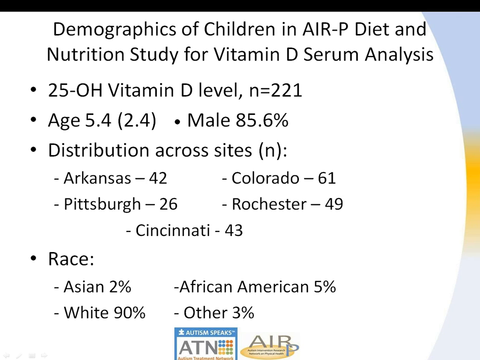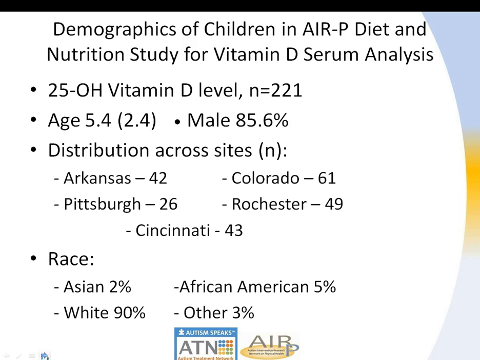And so you can see the number of individuals at each of the sites. So Rochester had 49 individuals who were willing to give us lab data, and Colorado 61, Arkansas 42, Pittsburgh 26, and Cincinnati 43. And the race distribution was similar to the overall population of the 360 individuals in our study.